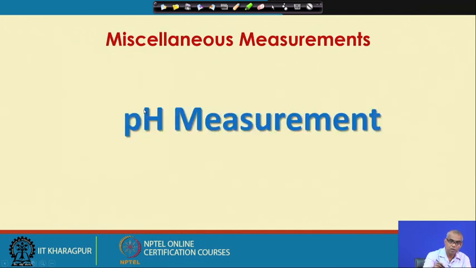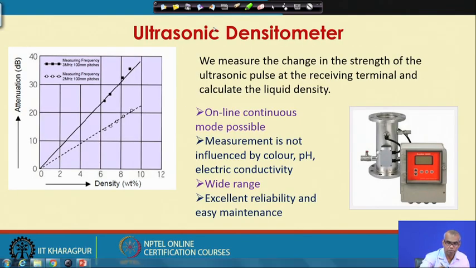So, such plots can be obtained. Attenuation versus density, if we plot, we will get straight lines. We measure the change in the strength of the ultrasonic pulse at the receiving terminal and calculate the liquid density.